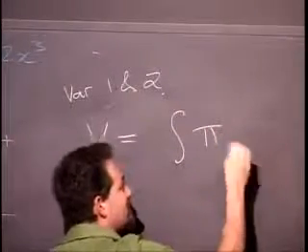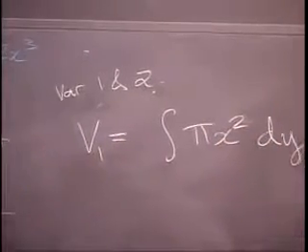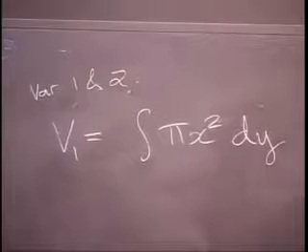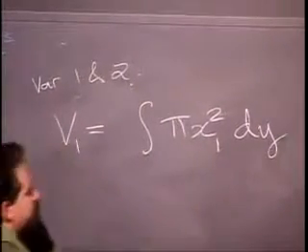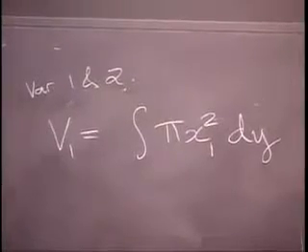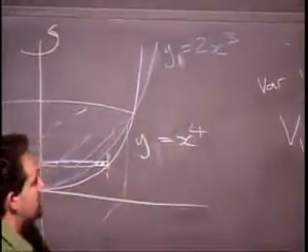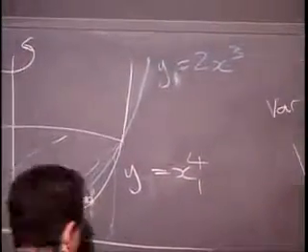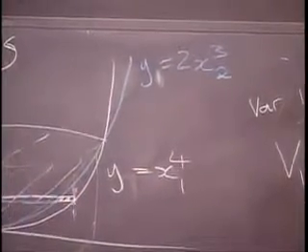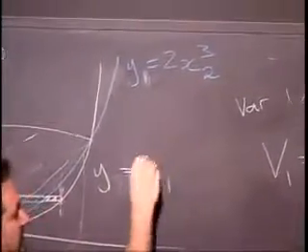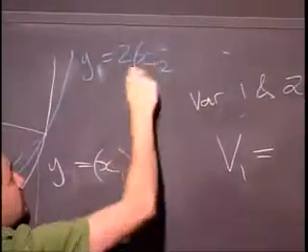Pi y squared dx becomes pi x squared dy because we're switching x and y. But what is x and where is the integral from? Well, let's just call it x1. And instead of calling them y1 and y2, get rid of the subscript and instead call them x1 and x2. That's x2. This looks a bit confusing. x1 to the 4th power, x2 cubed.